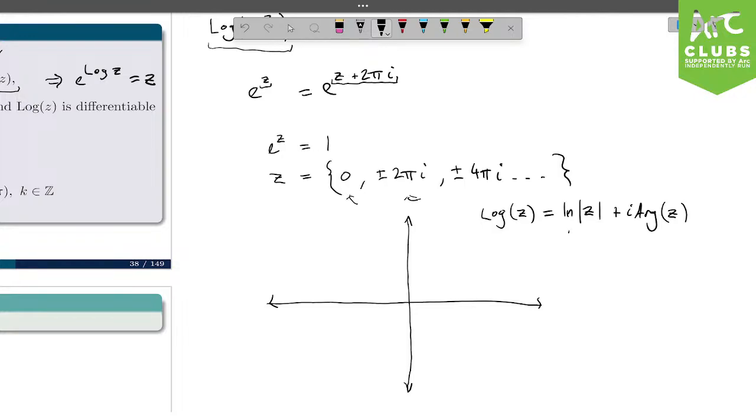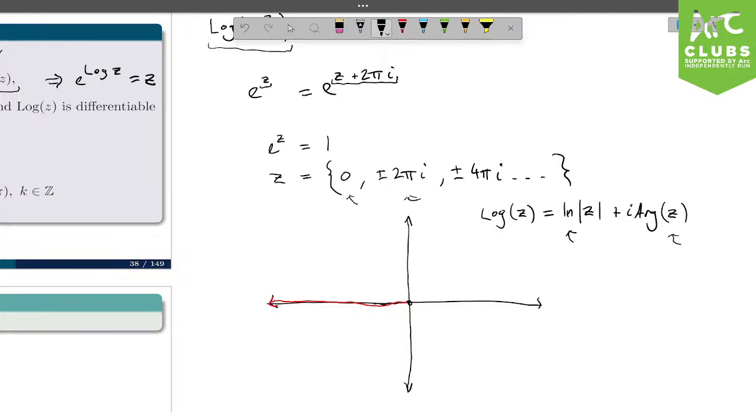The natural log of the modulus of z is going to be continuous everywhere except 0. That's pretty clear. But arg is where we start having issues, because it's actually going to be discontinuous along this entire ray, the entire negative real axis.